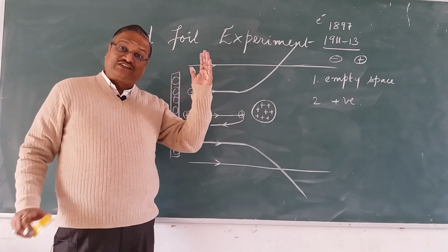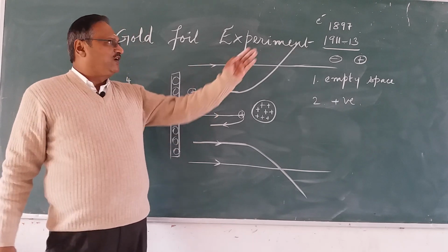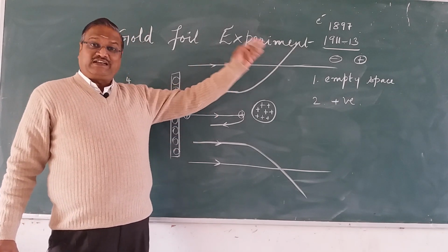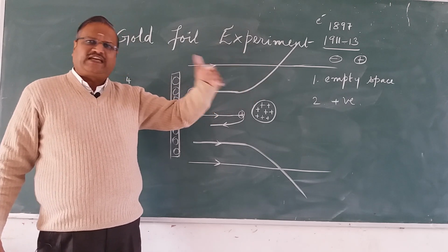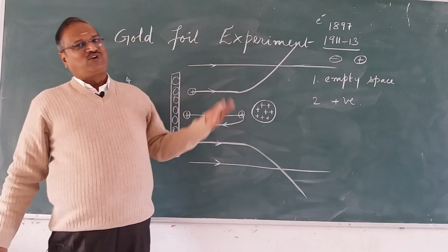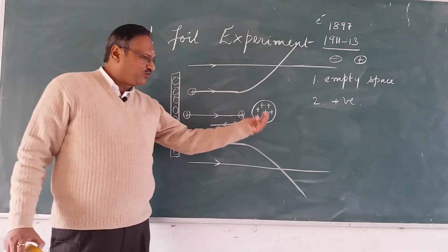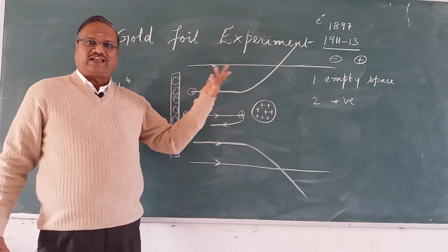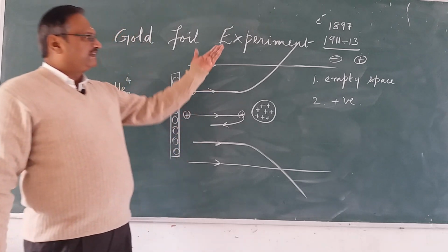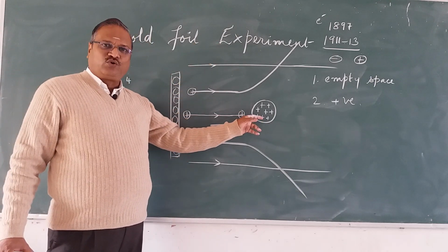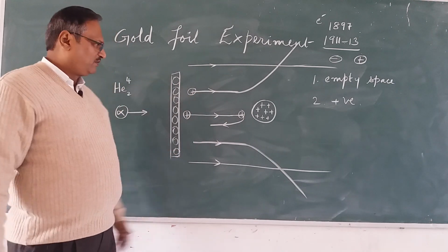That was in 1932. Look at the span of time, 1912, 22, 32, twenty years. Only then could they identify the neutron in the nucleus, and the credit goes to James Chadwick. Protons, the credit goes to Goldstein.